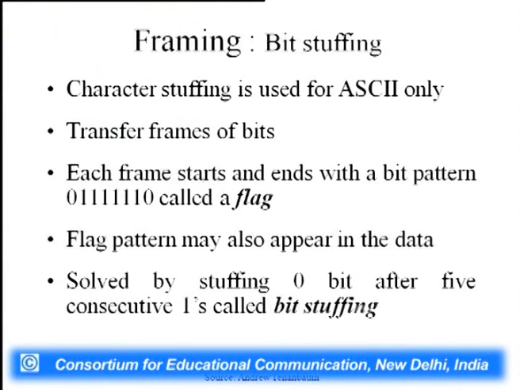Because one frame is a sequence of bits, the next frame follows with a sequence of bits. Then it may be a long sequence of bits. How do you differentiate? So, a special bit pattern may be used as a flag in the beginning and end of the data. The flag pattern is 0 followed by 6 ones followed by 0.